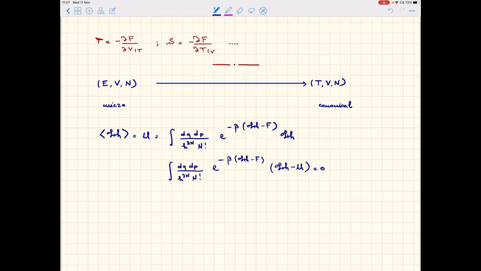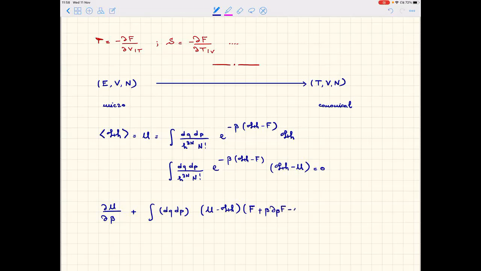So what we get is the following. We get dU/d beta plus the integral dq dp, and when I write dq dp with this parenthesis, I mean the dq dp normalized by the factors, times (U minus H) times (F plus beta dF/d beta).